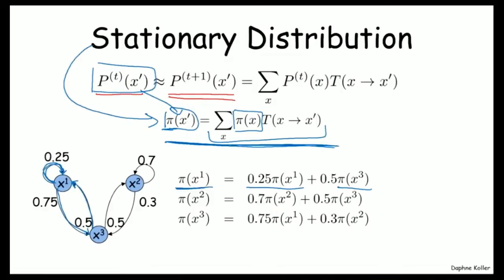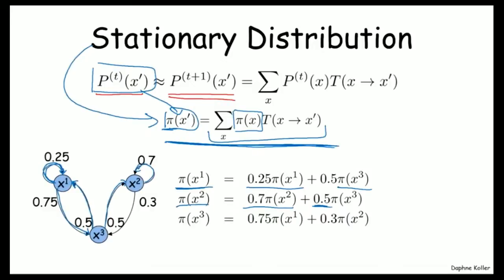Similarly, for pi of x2, you can end up either by being at x2 and staying there, which is this transition, or by being at x3 and moving to x2, which happens with probability 0.5. And so this is a set of 3 simultaneous equations in 3 variables.